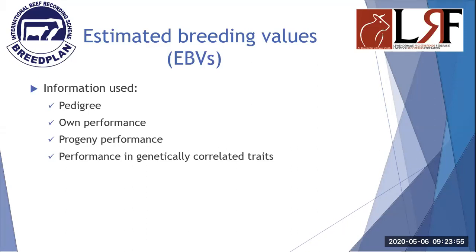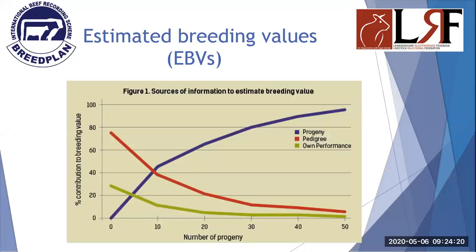So for example, your animal might be measured for 200-day weight, but not for 400-day weight, but they can deduce the 400-day weight from the 200-day weight. So they also use the correlated traits as well. We'll look at genetic correlation a bit later.